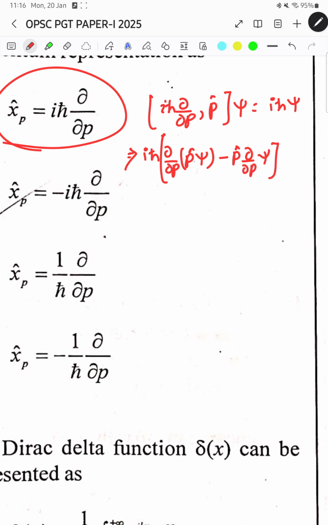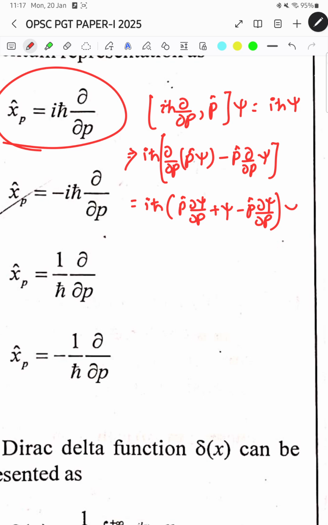Let me see if I am getting the RHS as it is or not. If I am getting the RHS as it is, then option A is the correct answer for me. If you do the differentiation, you will get p dou psi dou p, and dou p upon dou p gives only psi minus p dou psi upon dou p.